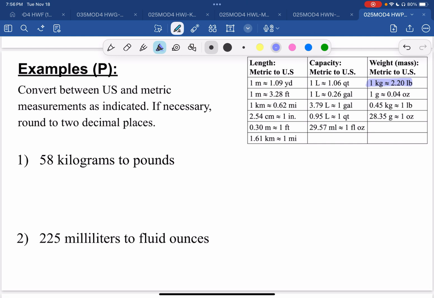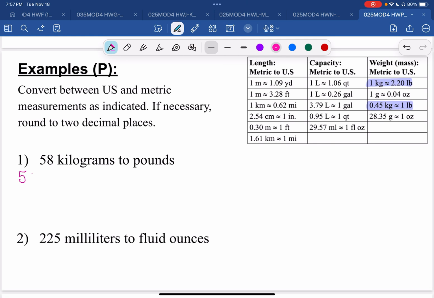I know that 1 kilogram is about 2.20 pounds, or 0.45 kilograms is about 1 pound. Now, both of those conversions are accurate. You can use either one, okay? And your answer will still be right. So I'm just going to pick one, and we'll work it that way.